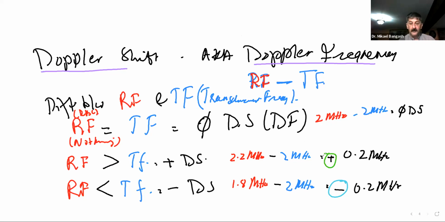Where the positive Doppler shift mainly means that the distance between the source, which is your transducer, which is going to transmit at a frequency we'll call the transmitter frequency, and the reflector, which produces a reflecting frequency, here the red blood cell, is decreasing.